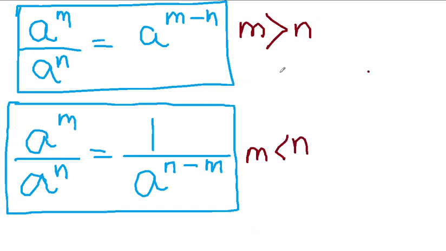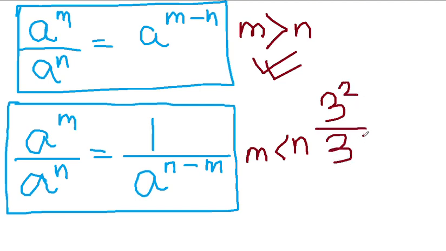So these are two different cases, we have already worked out this one. Let's work out this one. If m is less than n, let's take a as 3, m is equal to 2, and n is equal to 5.